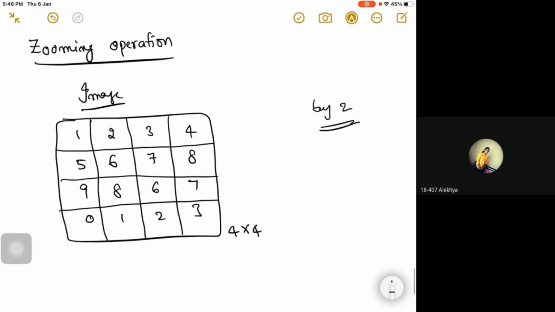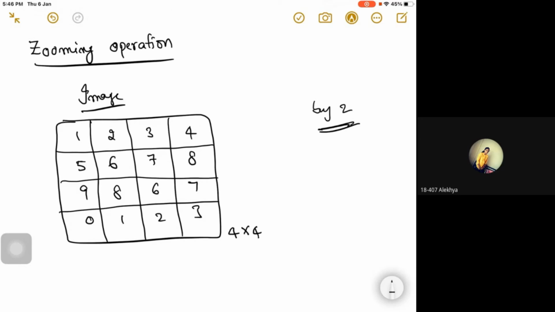Let us take by 2, doubling the size, for better understanding. Now by doubling, what size will we get? 8 by 8. So how do we make this 4 by 4 image into 8 by 8?